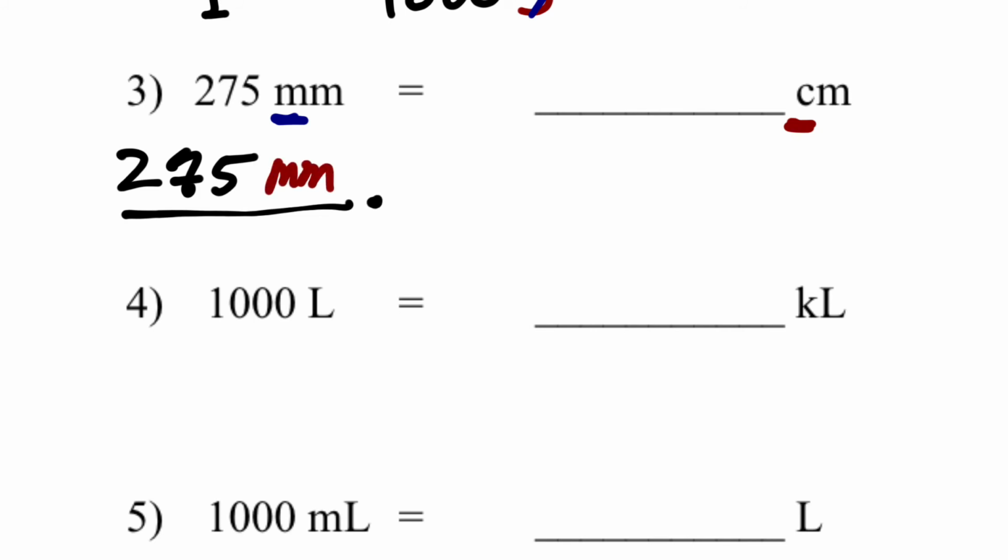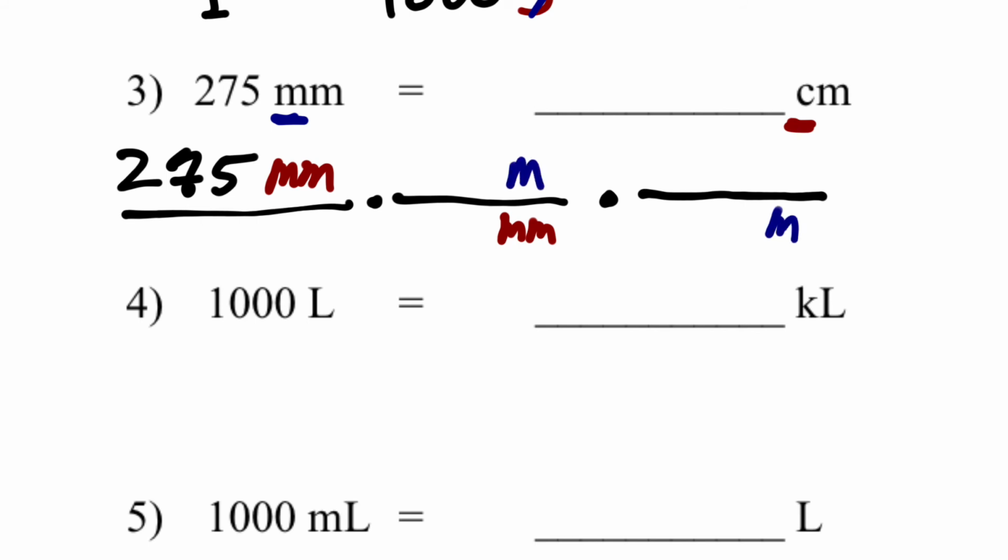I'm going to draw out the rest so that we can see where things should go. To get from millimeter to centimeter, you will have to go through millimeter to meter, and then from meter to centimeter.